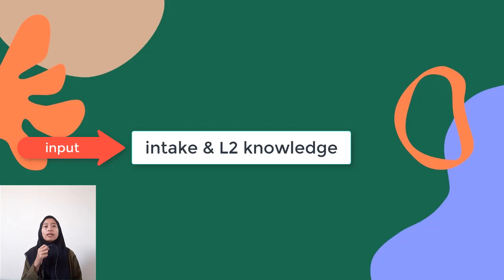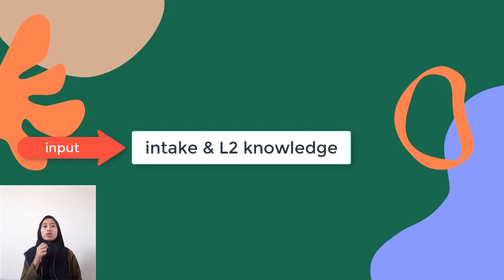So how is the process of interlanguage? The first is input. When the learners learn a new language, they get some knowledge from other people like native speakers or maybe a teacher. Second is intake and L2 knowledge. After getting a new language, it is put into the black box.